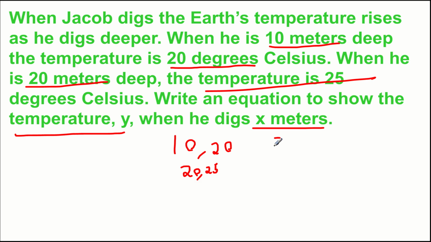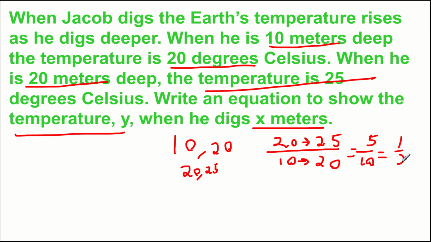So changing Y over changing X. Y values, we're going from 20 to 25. X values, we're going from 10 to 20. So that gives us 5 over 10. 5 over 10 simplifies to 1/2. So there's our slope. Once we have our slope, our next step is to find the y-intercept.